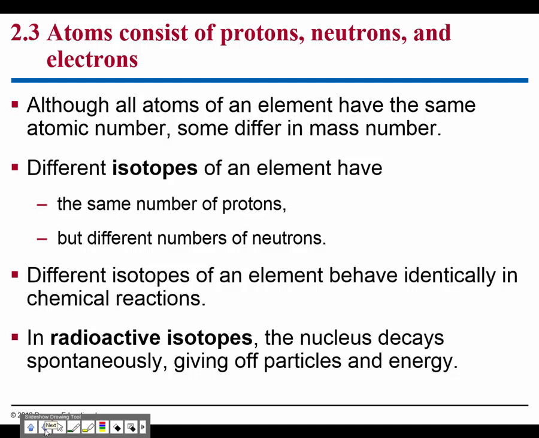But in radioactive isotopes, the nucleus will decay spontaneously, and that'll give off particles and energy. And we can use radioactive isotopes to date things. You've probably heard of carbon dating, where we look at the number of carbon-14 isotopes because they will decay spontaneously.